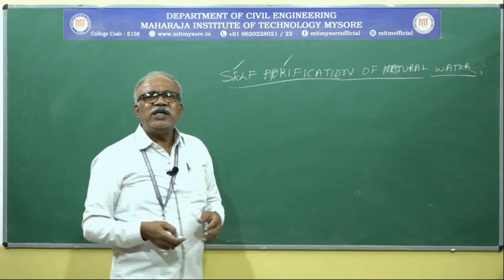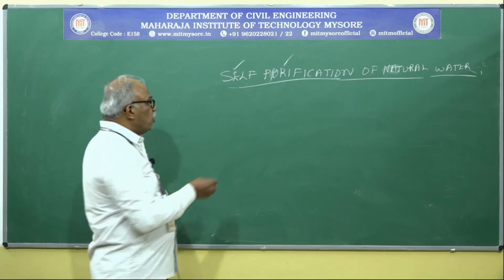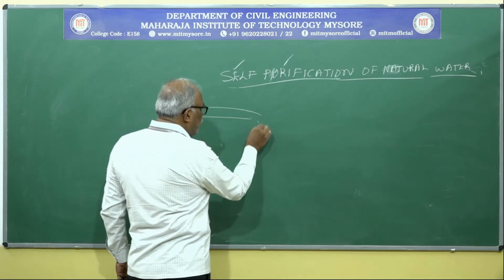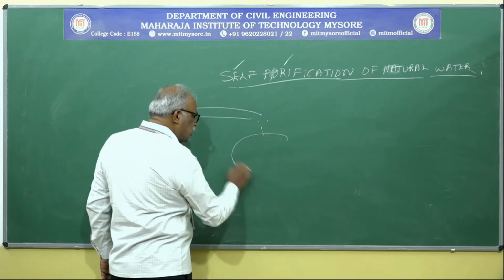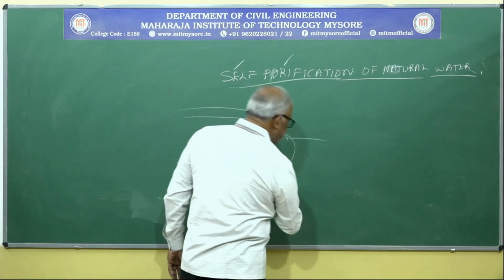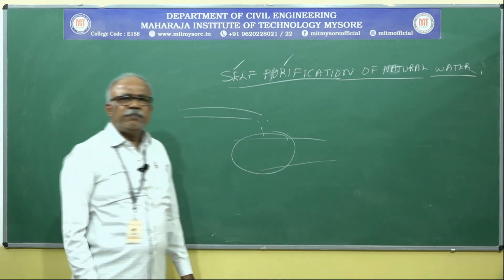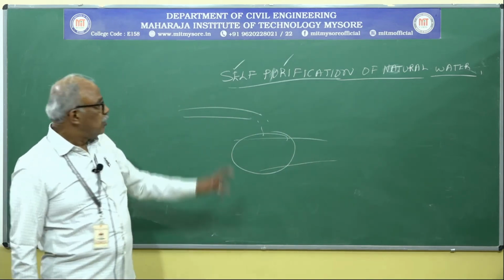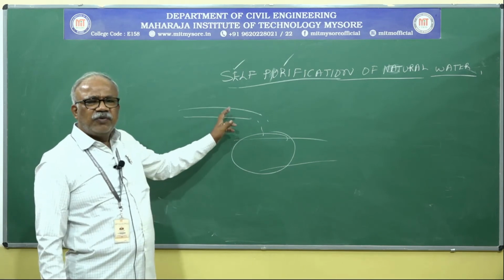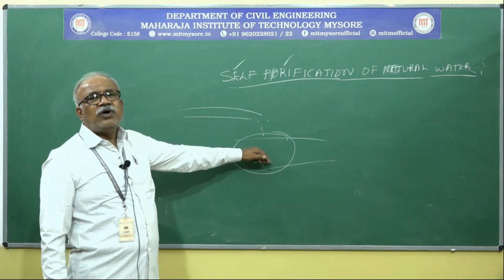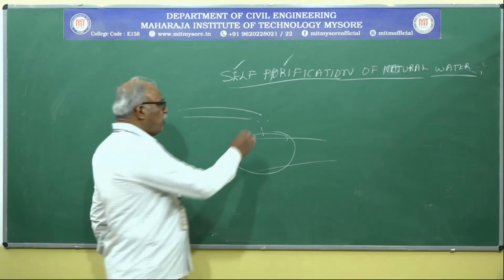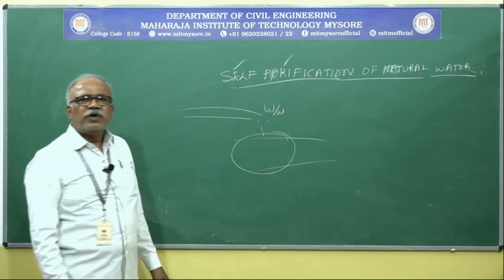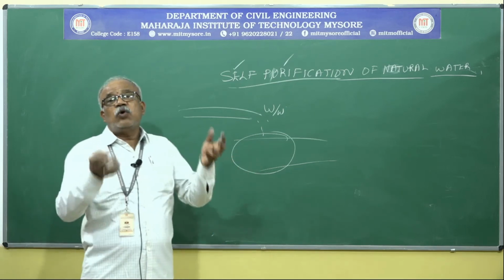So what is the necessity of knowing these things? When we are going to discharge wastewater into a running stream or natural water body, what happens? Sometimes we have to dilute this wastewater into the natural water body. It should be able to take the load.